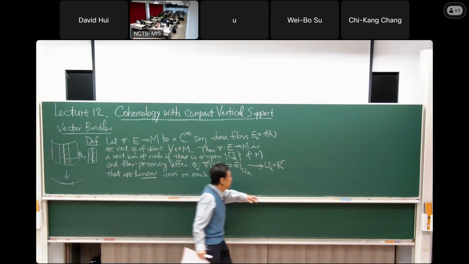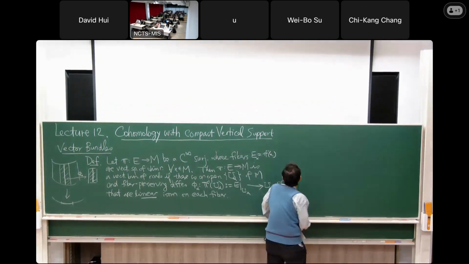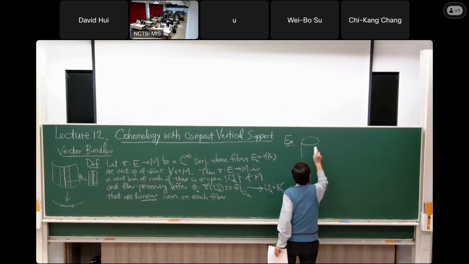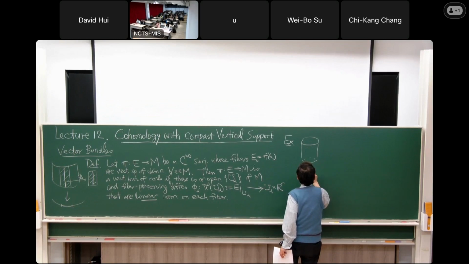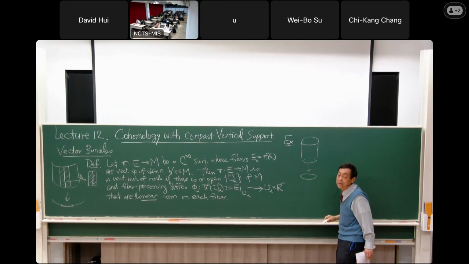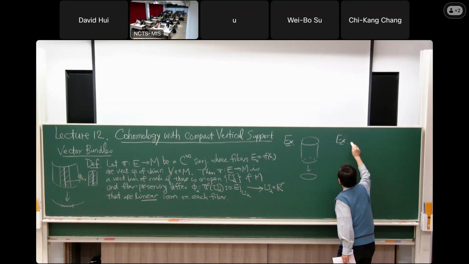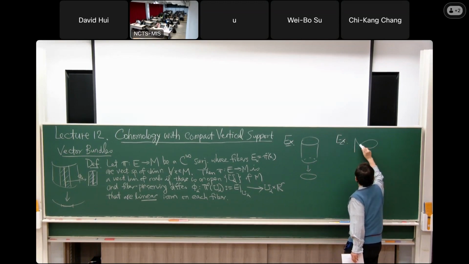And you already have a couple of examples. I mean, the cylinder is a vector bundle over the circle. Okay? And the Möbius strip is also a vector bundle over the circle.